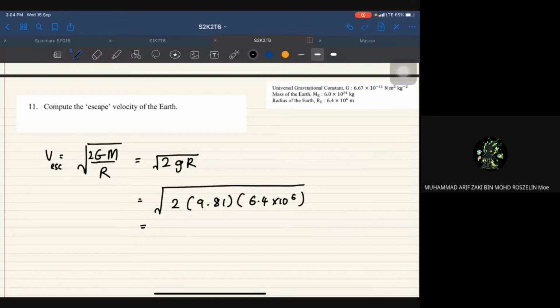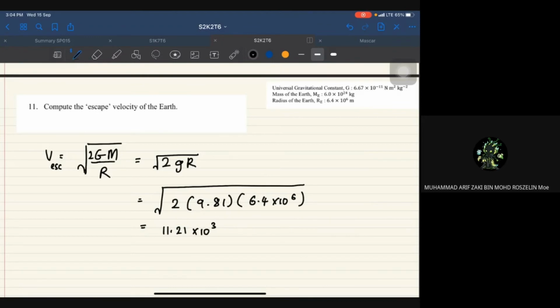Mass dia doesn't matter. Okay, anyway. The main reason is because you are doing this equation datang daripada conservation of energy. Conservation of energy ni kalau dipotong-potong M, hilang lah M dia. So here you get 11.21 times 10 to the power of 3.